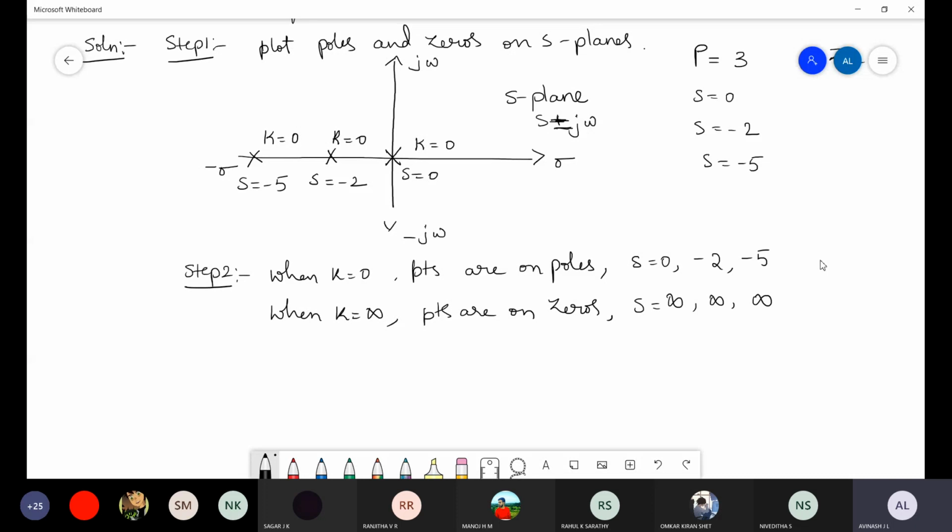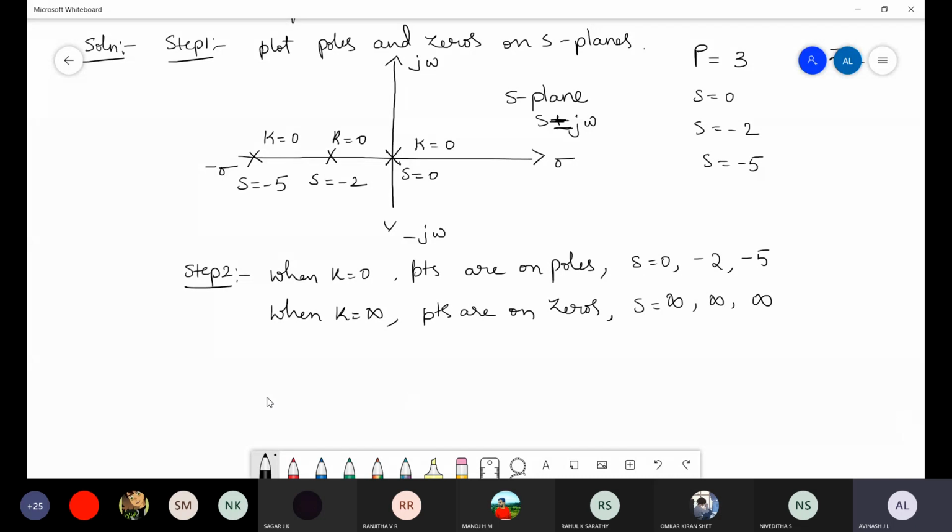This infinity value is not given anywhere, but we assume that for every pole there should be a zero, because once a branch starts at a pole it should end somewhere. We don't know which one is matching which one, but in this scenario there are no zeros, so we consider all three as infinity. Clear? That is how it is going to work.